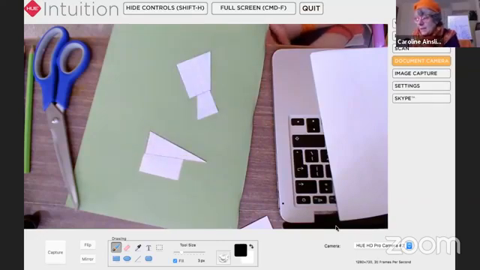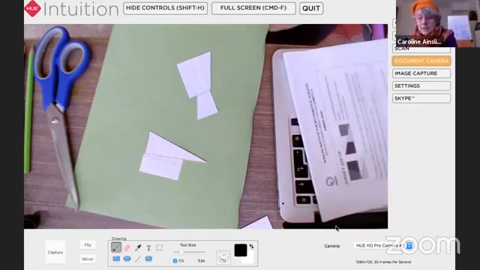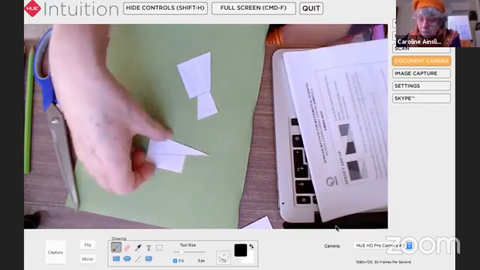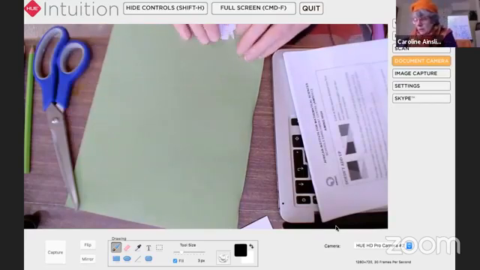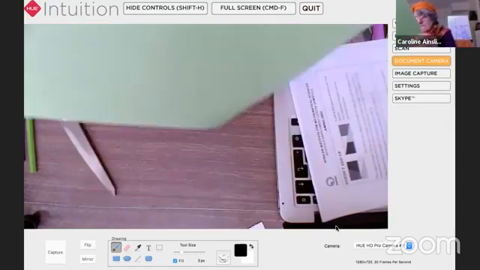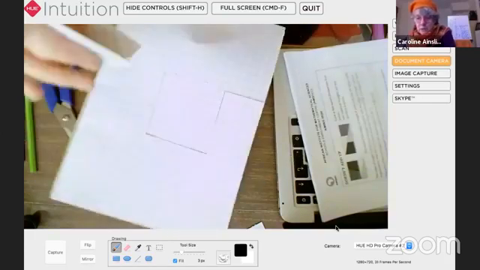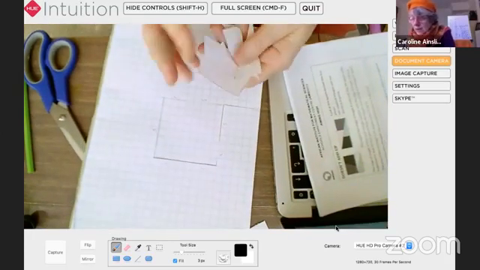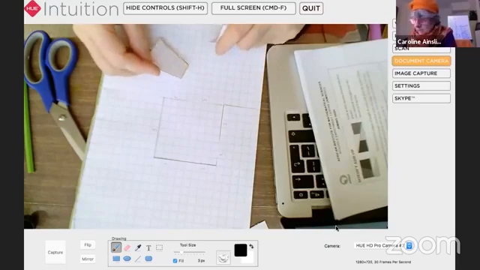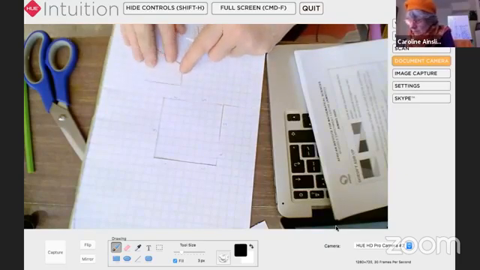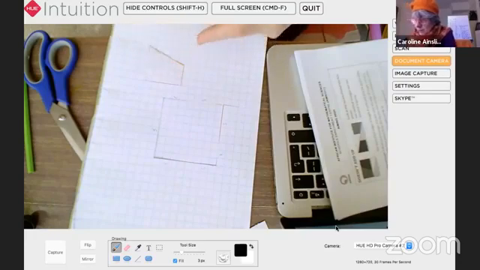And then the next thing we're going to do is make it into, and I'm going to put this back onto the square paper, a rectangle. So we've got one trapezium, that's it, one trapezium there. So that's 5 and 3.